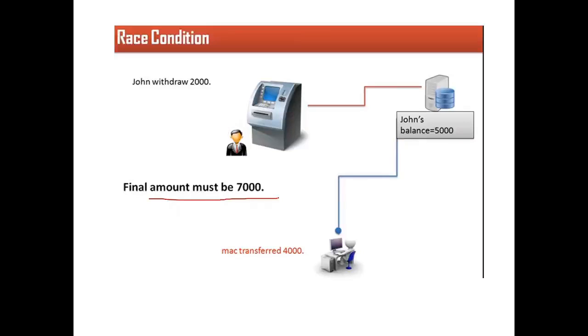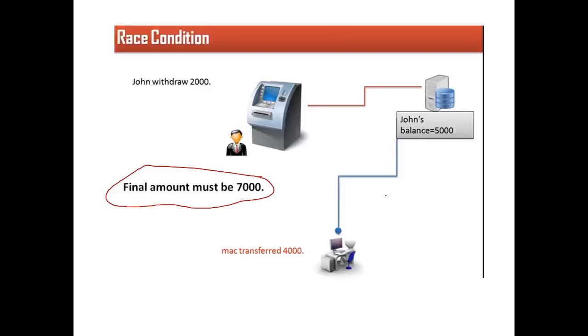Before entering this critical section, the process has to take permission. If a process is already executing the critical section and another process tries to enter, that process is not allowed, because one process is already executing that part. This way, every process has to take permission before executing it. Then this problem can be solved.